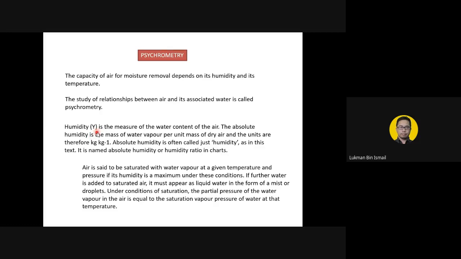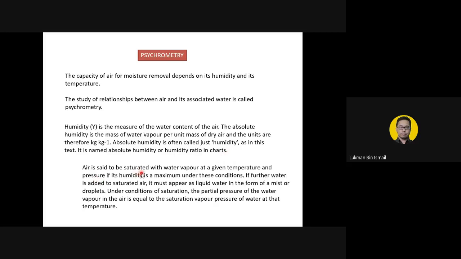Humidity, usually with the symbol Y, is the measure of the water content of the air. The absolute humidity is the mass of water vapor per unit mass of dry air, and the units are therefore kilogram per kilogram. Absolute humidity is often called just humidity, and in many textbooks it is named absolute humidity or humidity ratios in charts.